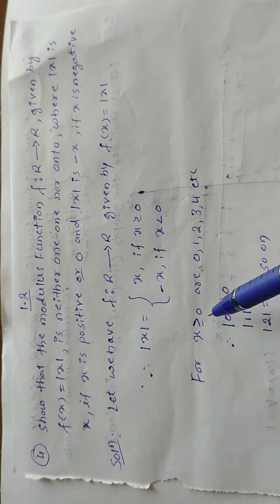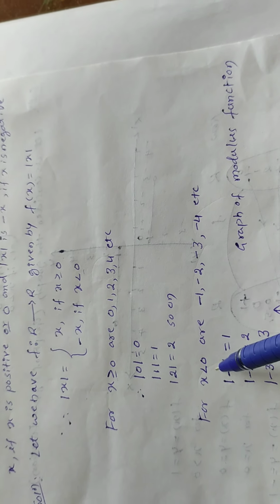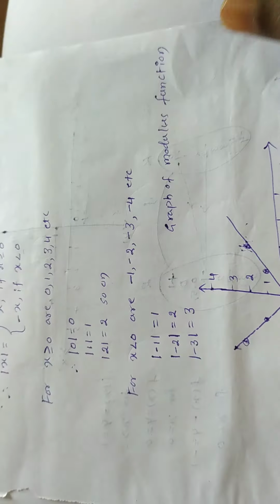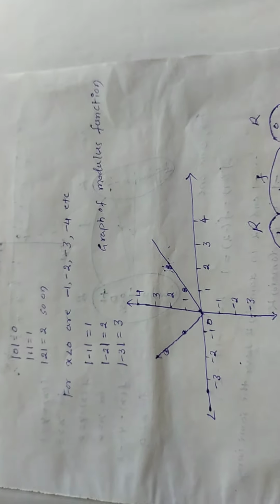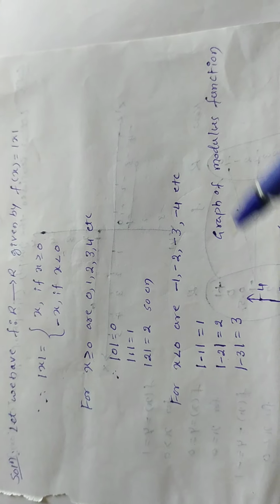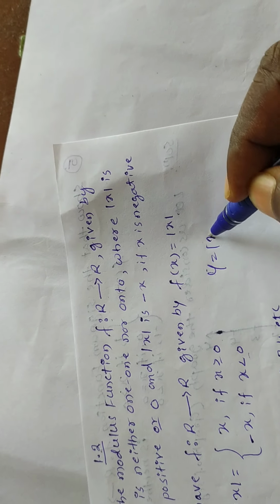This is simple. Where x is greater than or equal to 0: 0, 1, 2, 3, 4, etc. And x is less than 0: minus 1, minus 2, minus 3, minus 4. So we have the graph here. For any value of x, for a negative value of x, you always get a positive value. Since it is a function f of x equals modulus of x, that is y equals modulus of x.